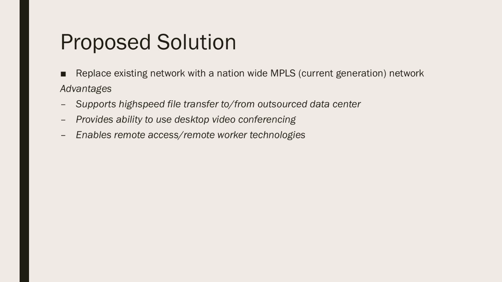Yeah. All right. So again, just highlighting the proposed solution. We're replacing the existing network, which leads to your last question, with what we call an MPLS, just the current generation network. Basically it allows us to communicate from one site to another efficiently.